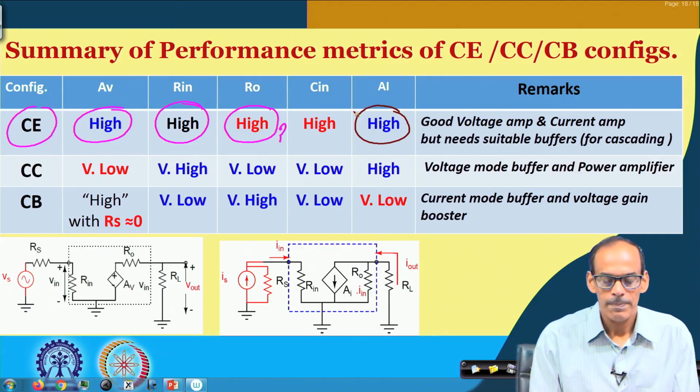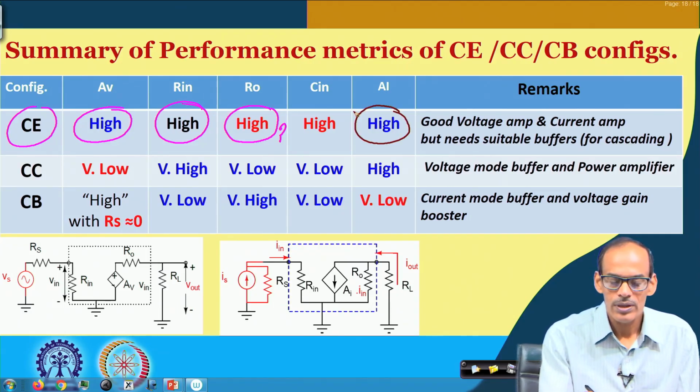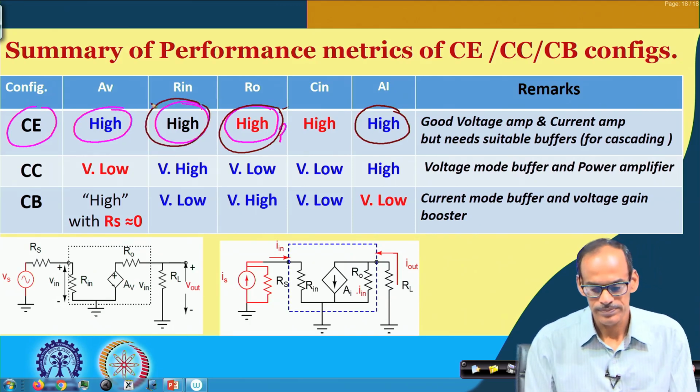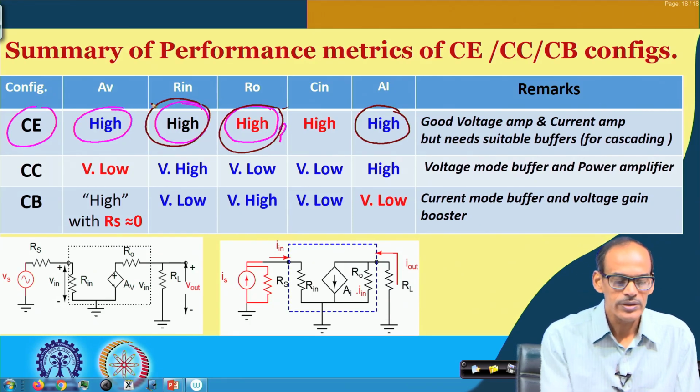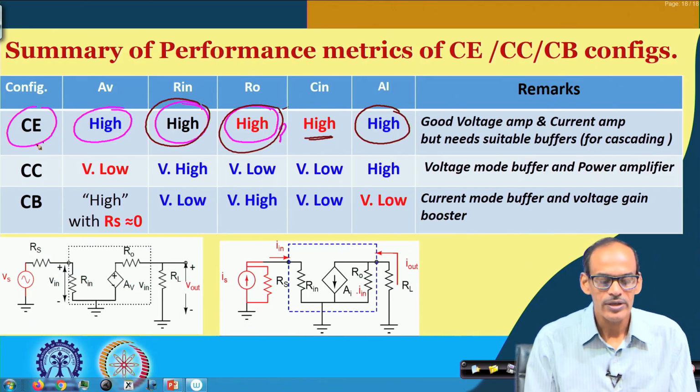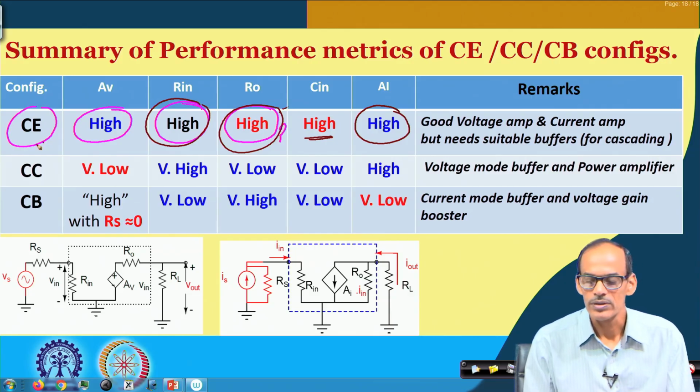In fact, it is good for current amplifier, okay, but then input resistance is not favoring it. In addition to that, this input capacitance is high. So, for voltage mode amplification that may restrict the bandwidth.